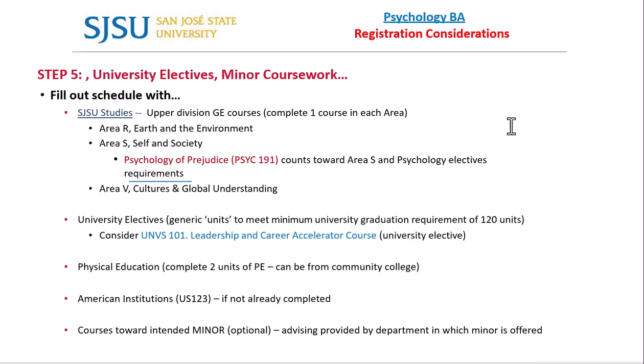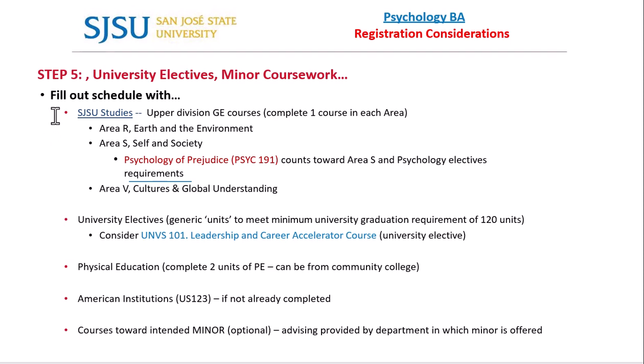All right, so in addition to all of your psychology major requirements, you have to also make sure you complete the university requirements. So in the first gray box on the roadmap, we've listed SJSU studies.